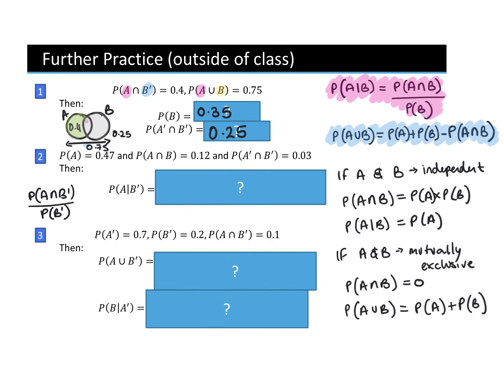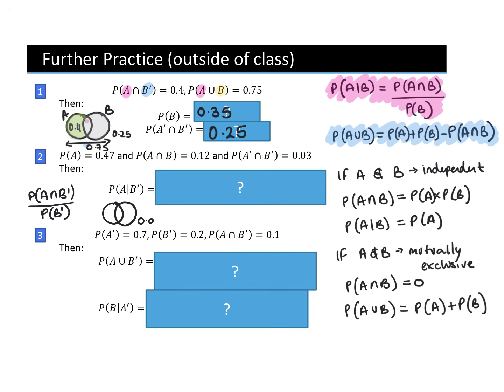Now, have I been given A intersection B dash? No. Have I been given the probability of B dash? No. So I need to find these probabilities, don't I? So what I can do is either see if any formulas will help us or work them out. But I think it'll be quite easy.